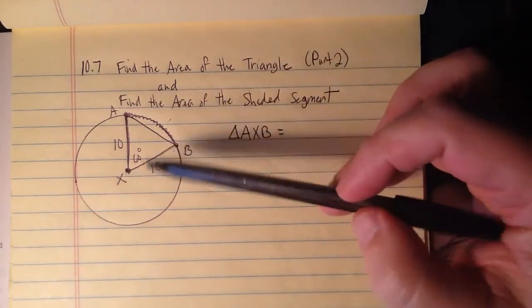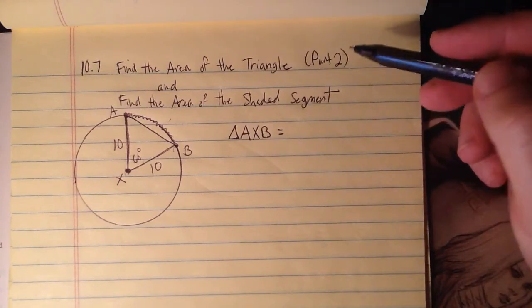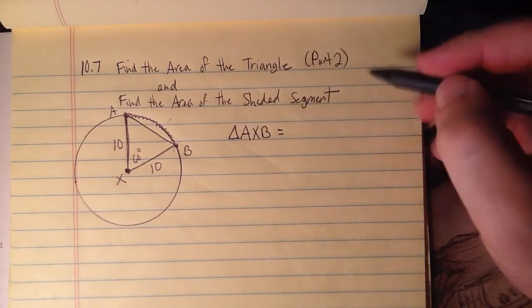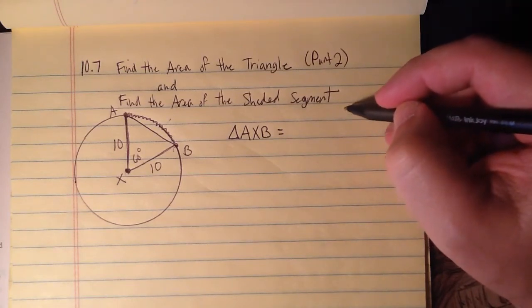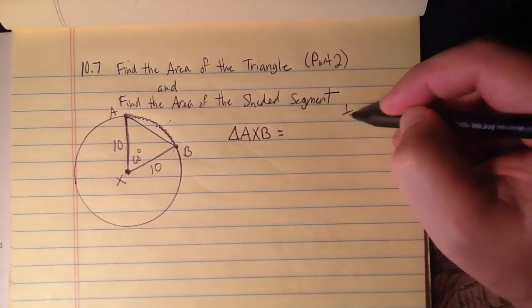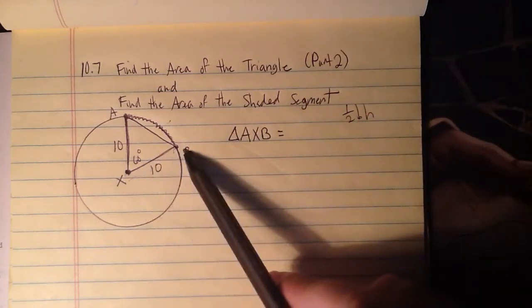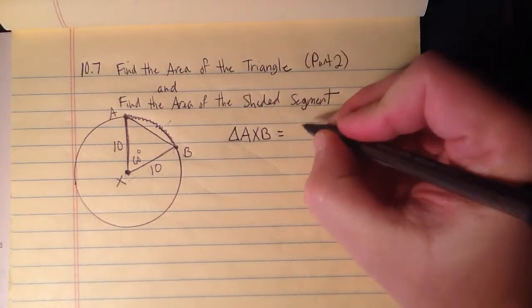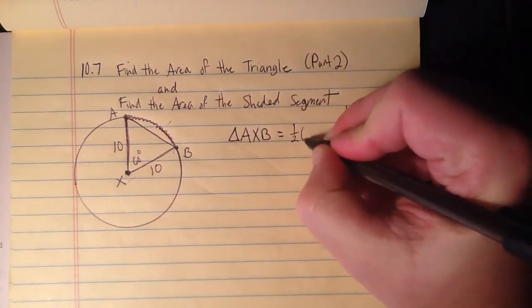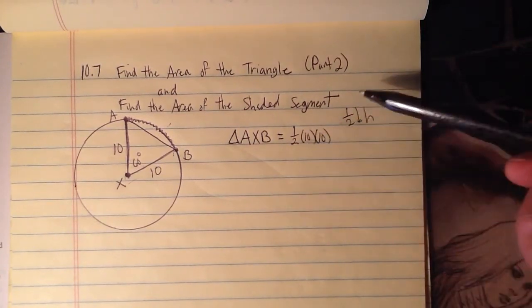So to find the area of this triangle, it's kind of like a normal triangle, where it's 1/2 times the base times the height. That's the original formula for any triangle. Well, the base and the height in this case are the radii, AX and XB. So we go 1/2 the base times the height, so to speak, because it's really not a height.